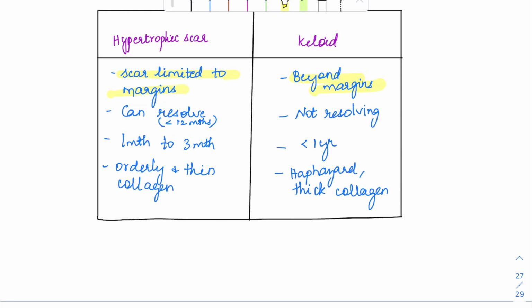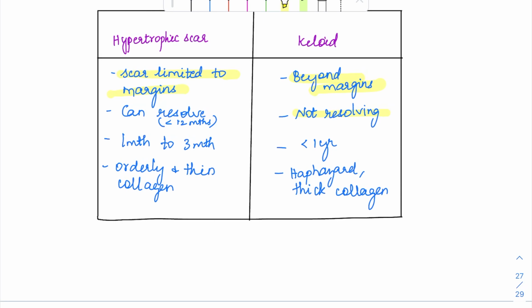While keloid usually happens in susceptible individuals, usually of African American origin. Usually at sites of ear piercings or even previous surgical scars, you will have keloid formation. On the shoulders you can see it, on the ear lobes you must have seen it, or most commonly the site is the sternum. Here it is not going to resolve, it is going to continuously grow, and microscopically, if you see, lots of thick bundles of collagen will be seen arranged in a haphazard pattern.